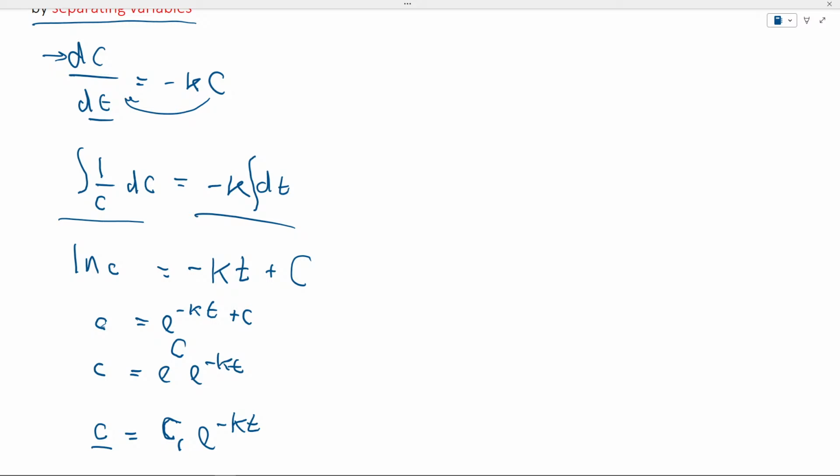Okay, so let's apply some, let's say, for example, let me just assume here at C1 we have C naught, the initial concentration at time equal to 0.